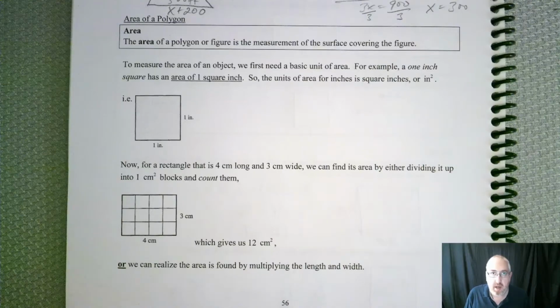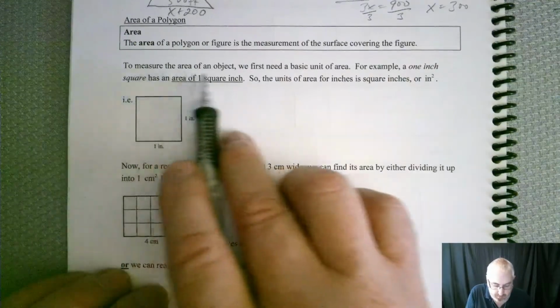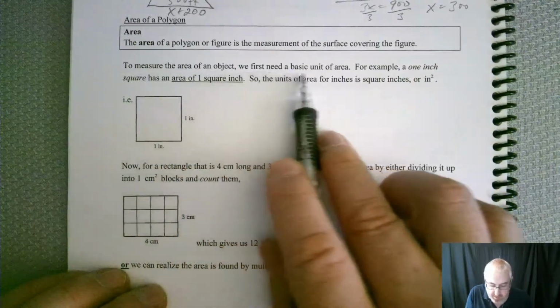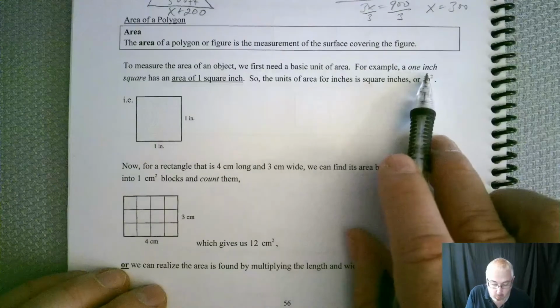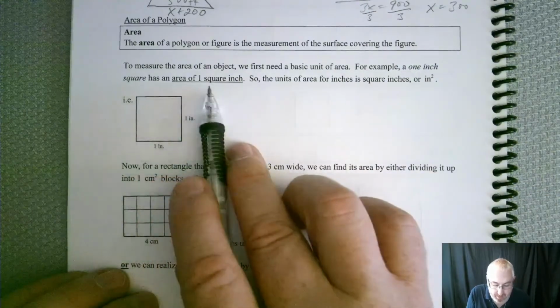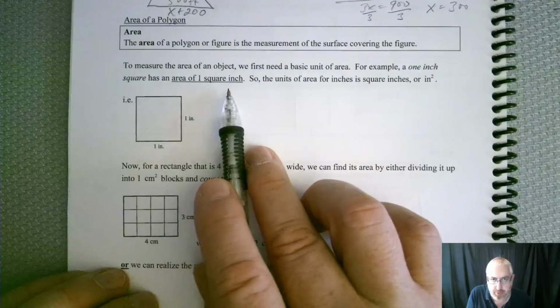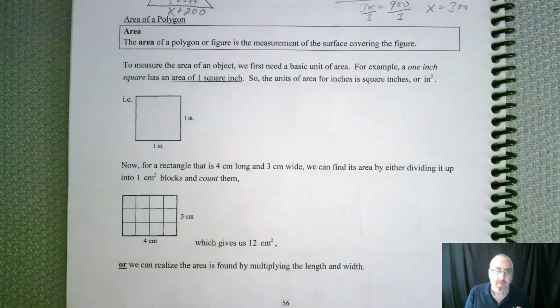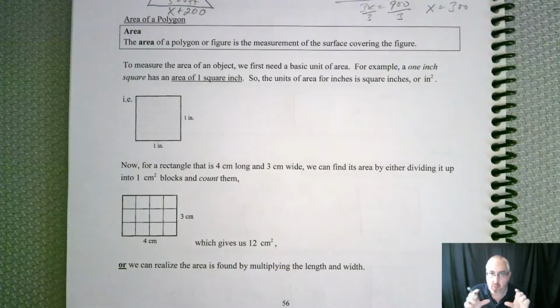And how that's going to be done is we're going to have to first develop a measure of units for area. So to measure the area of an object, we first need a basic unit of area. For example, a 1-inch square has an area of 1 square inch. Now, that seems a little confusing, but in general, they like to use squares as a way to measure area.